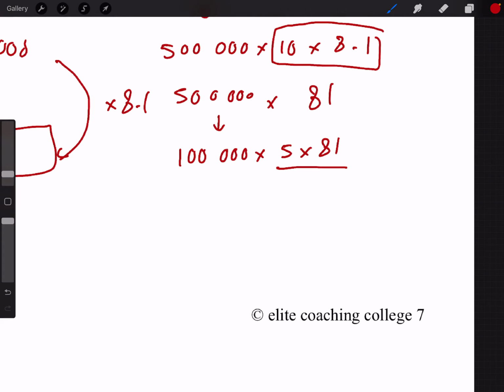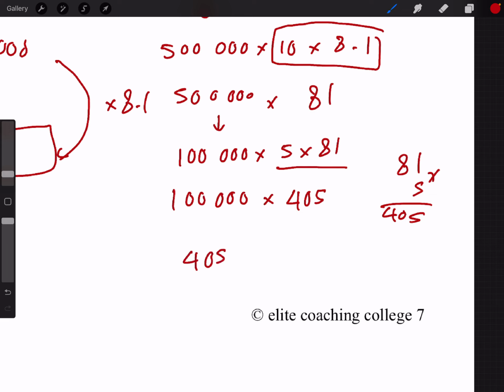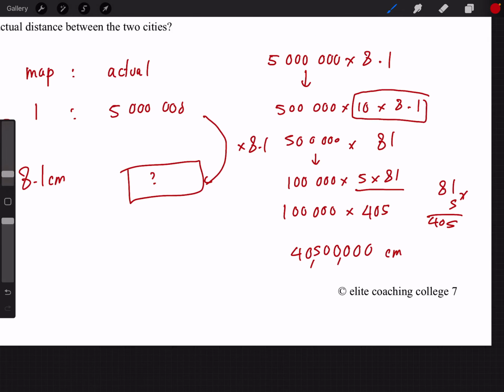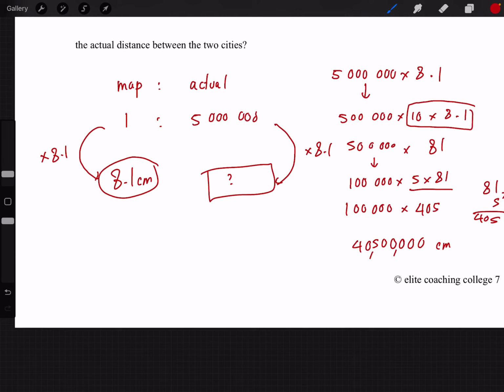So let's work it out. 5 times 81, this will be 405. And now you times it by 100,000. So that'll be 405 with 5 zeros. 1, 2, 3, 4, 5. So that's 40 million and something. Now this will be in centimeters. The reason is because this was in centimeters to begin with.